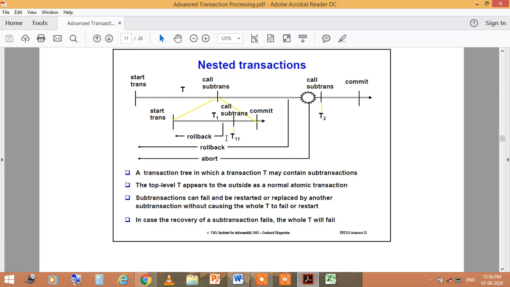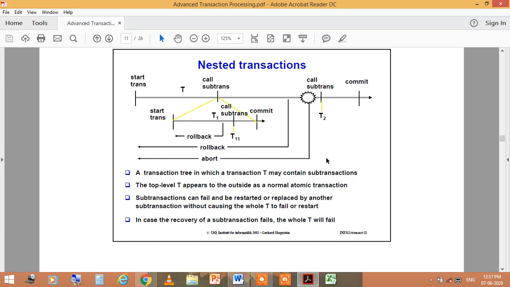So rollback means go to the previous state. So here again starts. Now here if we are talking about this call sub transaction T2, this is the T1, this is the T2 part. So here the situation, or you can say state, is the abort state. So you just start from the very beginning, from the start transaction.